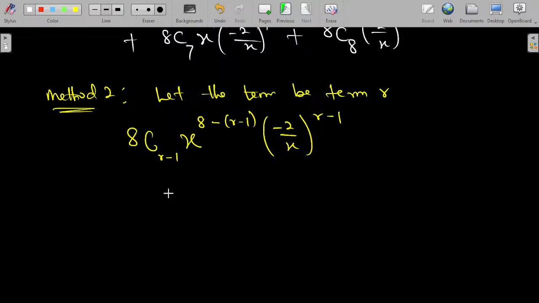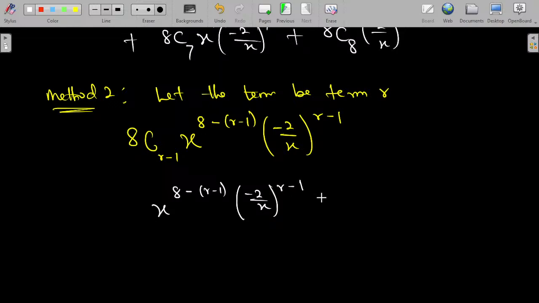So in simplifying that, they gave us x to the power of 8 minus r minus 1, then multiplied by minus 2 over x to the power of r minus 1.